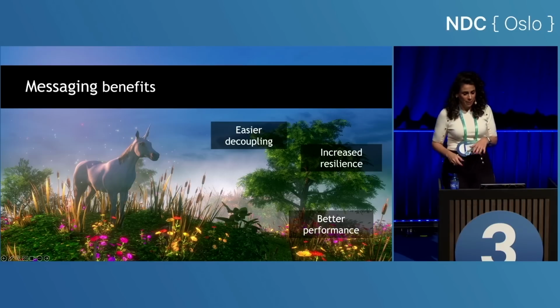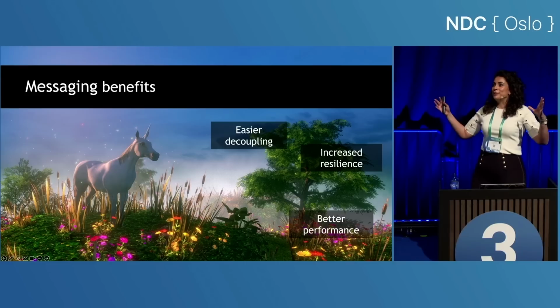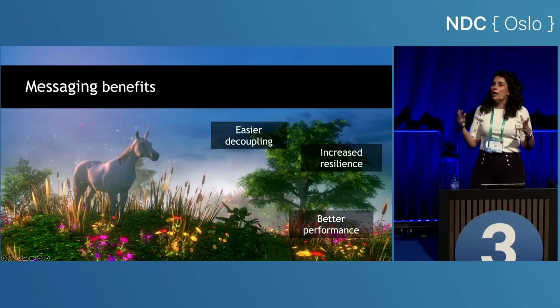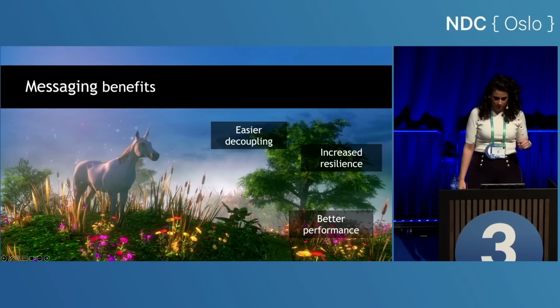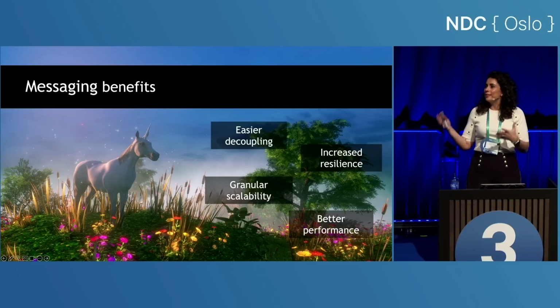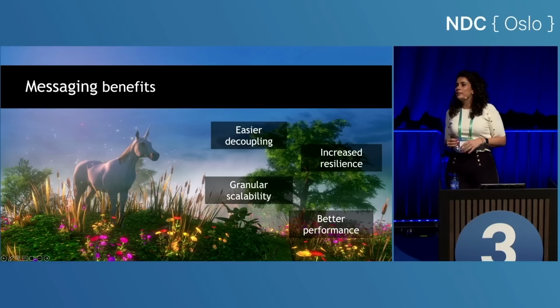So that's going to be a lot better. Also, easier decoupling. One of the main reasons that we love event-driven systems, or message-based systems, is that it allows us a lot more flexibility in decoupling our systems. And like I said, it allows us to just scale the components that need it. We don't have to spend a lot of money scaling up an entire monolithic application, which can become quite costly.